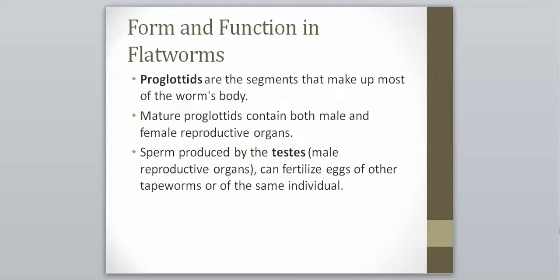Mature proglottids will contain both male and female reproductive organs, so they serve the function to help the tapeworm reproduce. Sperm is produced by the testes, and they can fertilize eggs of other tapeworms or of the same individual. So they can actually fertilize themselves, or they can fertilize another individual if needed.